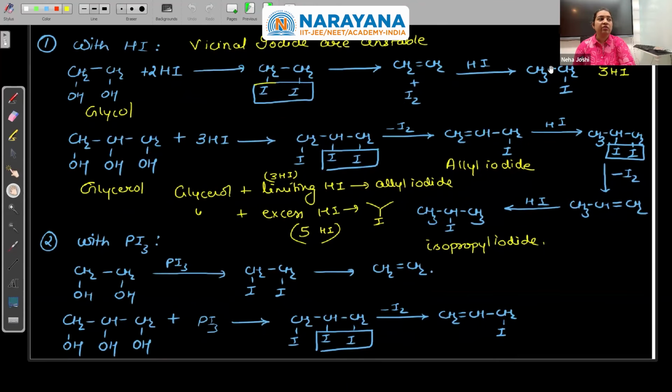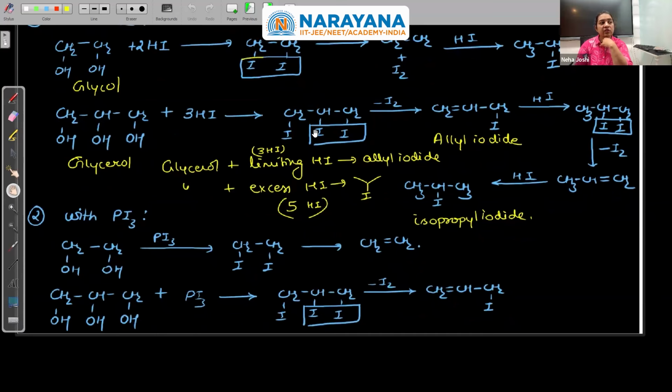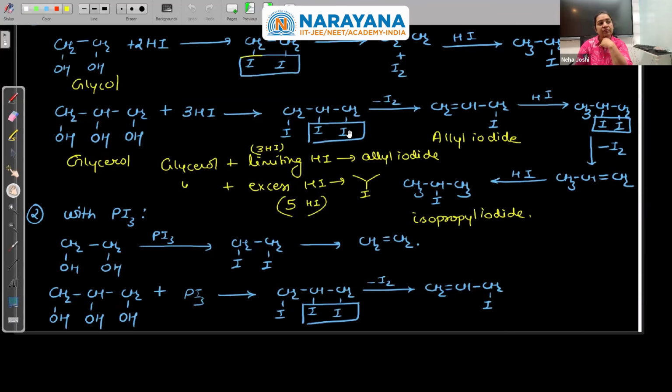So how many moles of HI have we consumed? See, 2 here and 1 after alkene formation. So in total, we have consumed 3 moles of HI. If we have glycerol, 3 moles of HI will form the triiodo compound.